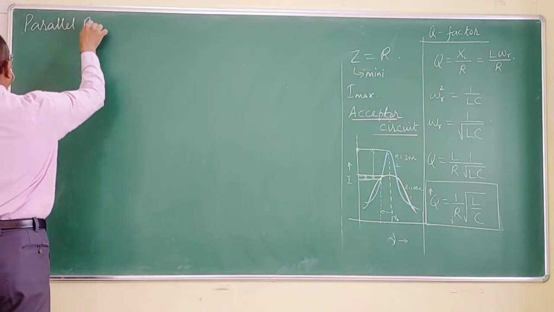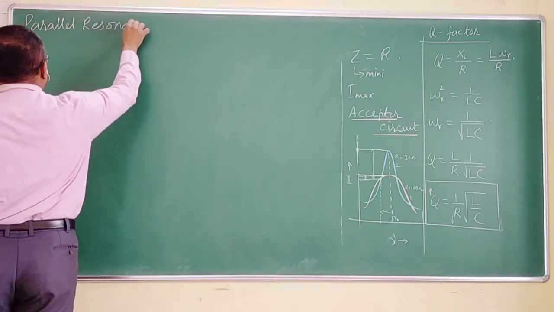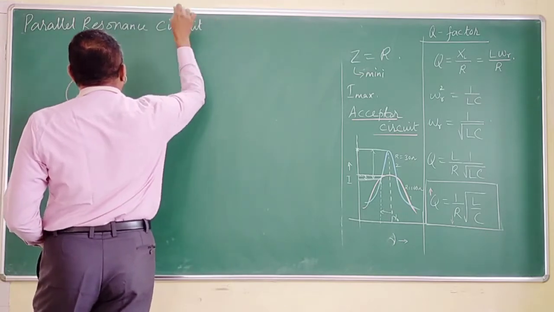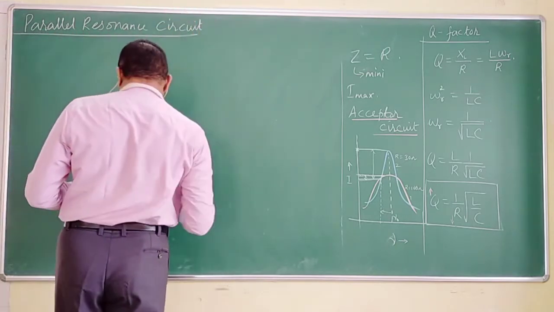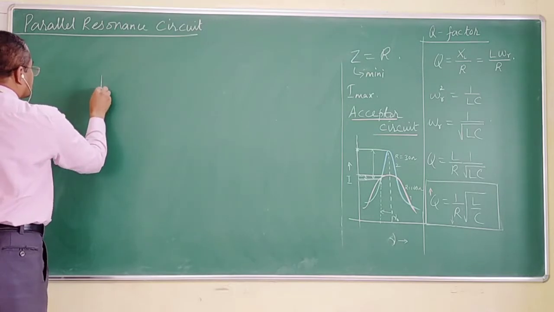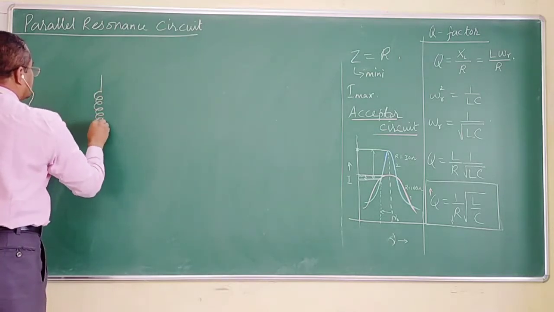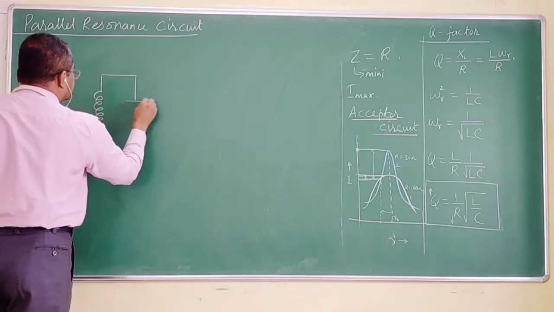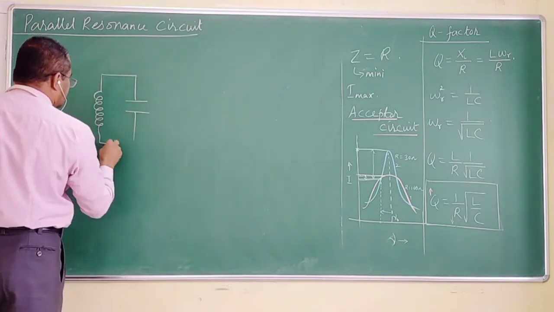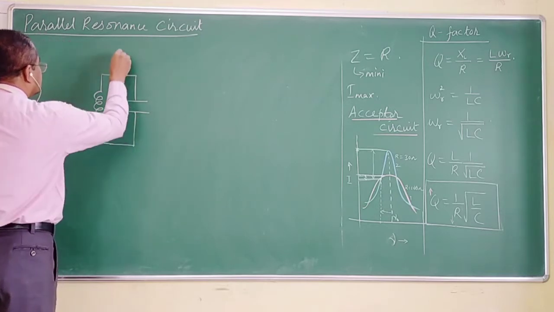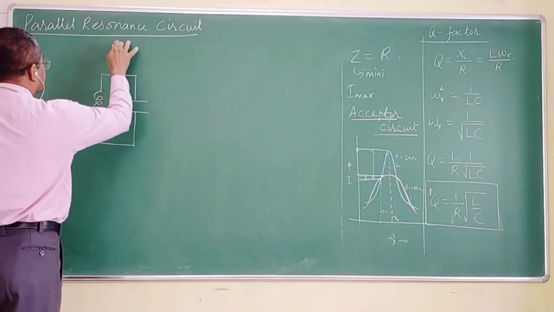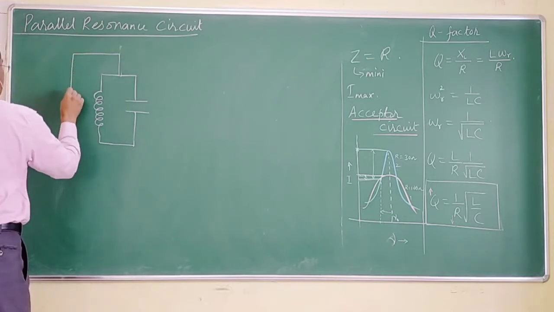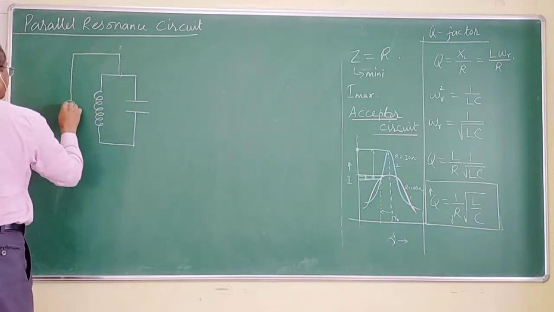Parallel resonance circuit. Inductance and capacitance are connected in parallel, to which is applied an alternating EMF.